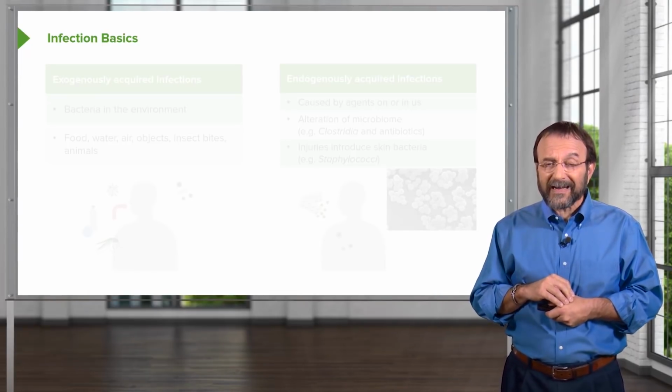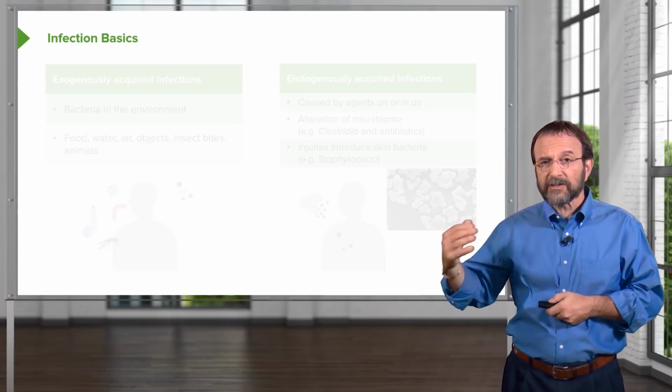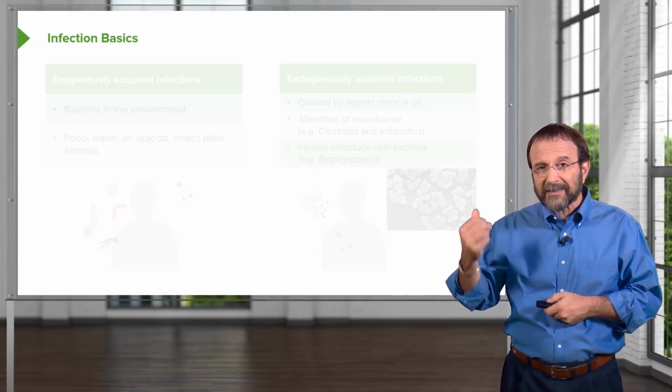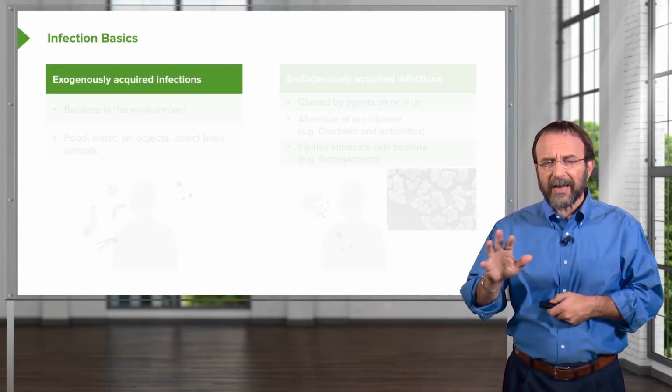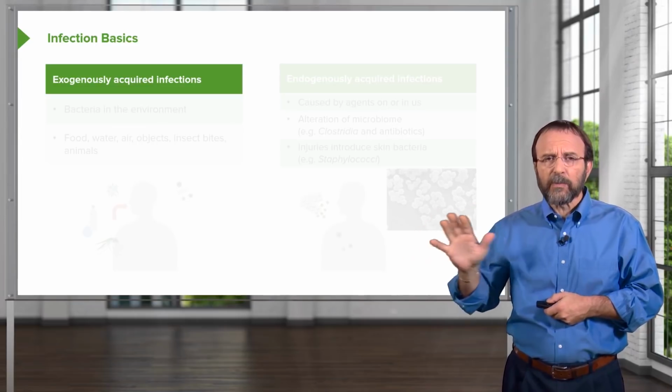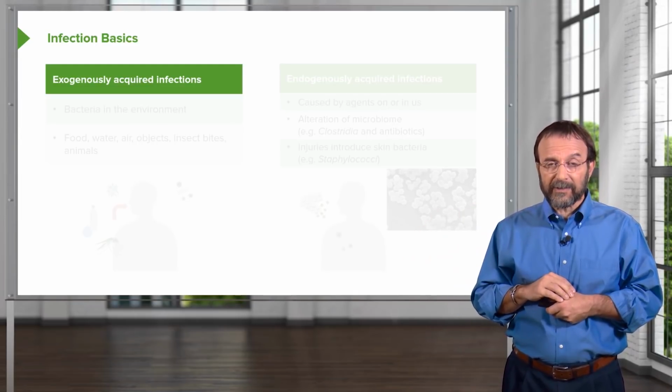Okay, on to infection basics. Let's talk about some principles by which bacteria can enter the host. We can divide bacterial infections into two broad groups depending on how they're acquired.